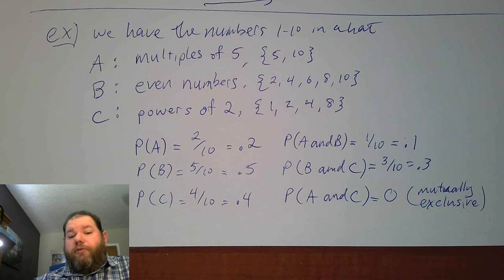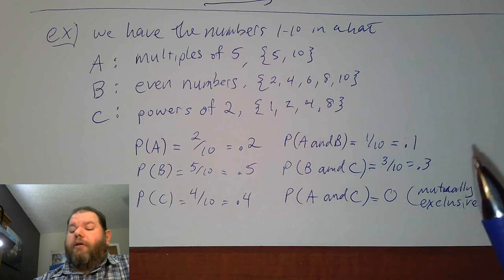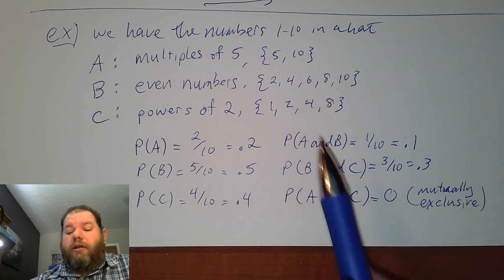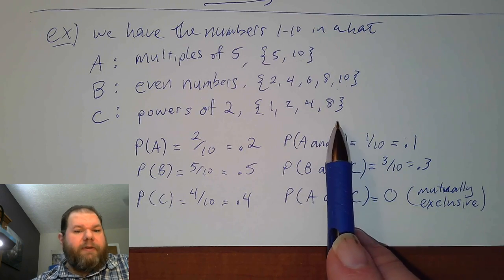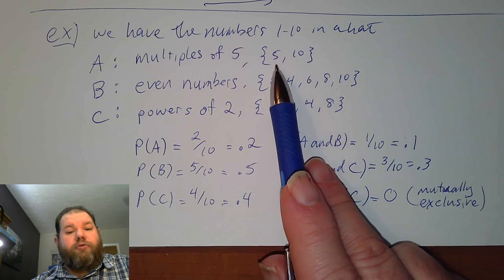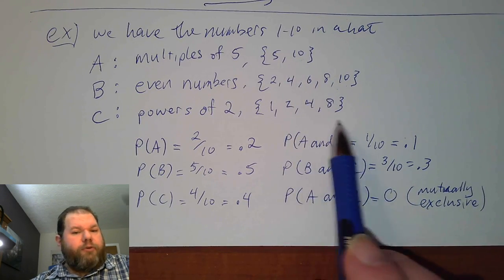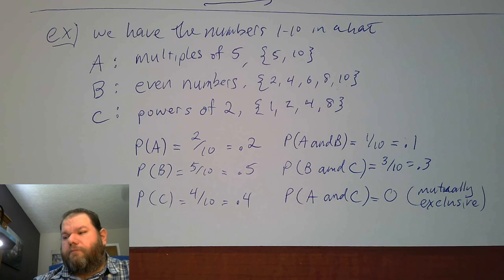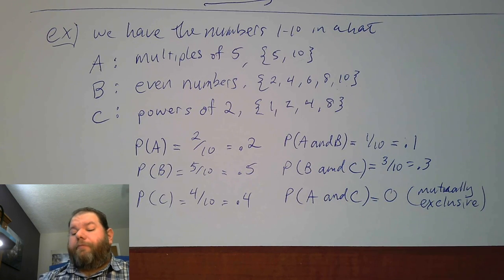When we say something is mutually exclusive, the meaning of that phrase in particular means that the occurrence of one precludes the occurrence of the other. Meaning if event A is successful, that means we drew either a 5 or a 10. There's no way that event C could also be successful at the same time, because in order for A to be successful, it means we drew a 5 or 10, and neither of those work for event C.